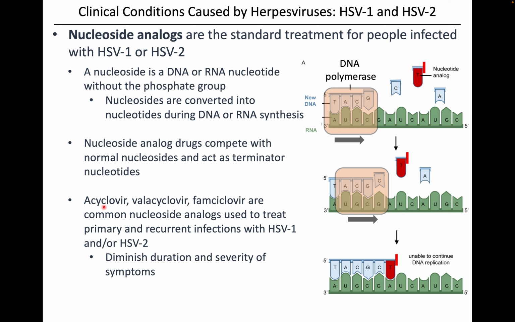And these are basically the cyclovir family of drugs. You may have heard of some of these, like valacyclovir, acyclovir, etc. And like I said, they're not going to cure HSV 1 or 2, but they're going to reduce the length and severity of symptoms.